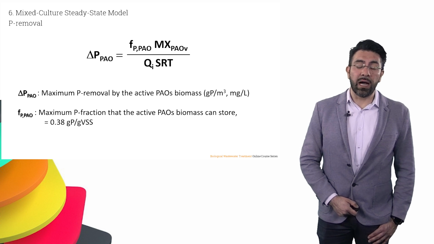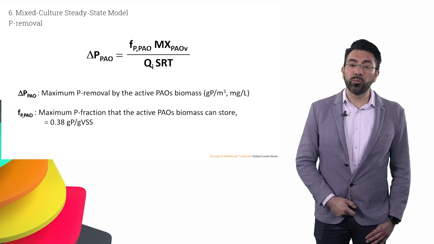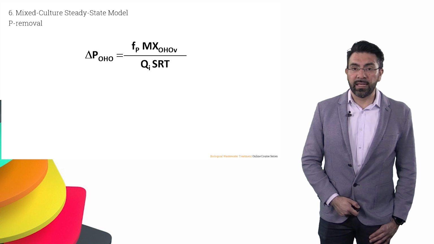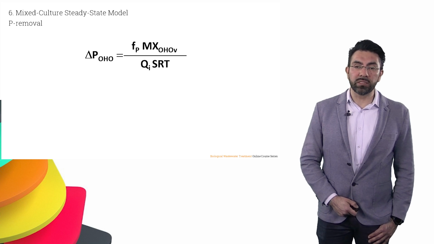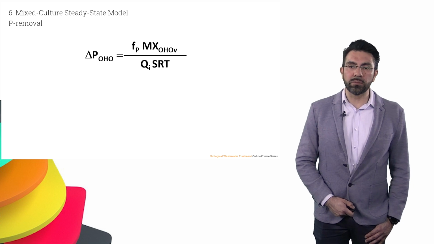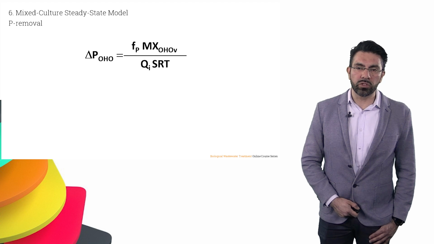Typically, when they have reached their maximum removal capacity, they can store up to 0.38 grams of phosphorus per every gram of volatile suspended solids. The other organisms also contribute to the P removal process. Of course, in a lower manner, because the other organisms cannot store the same amounts of phosphorus as the PAOs.